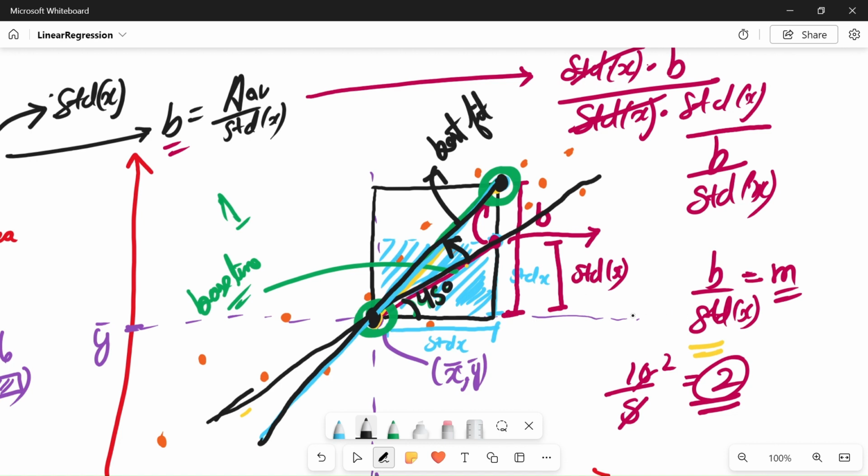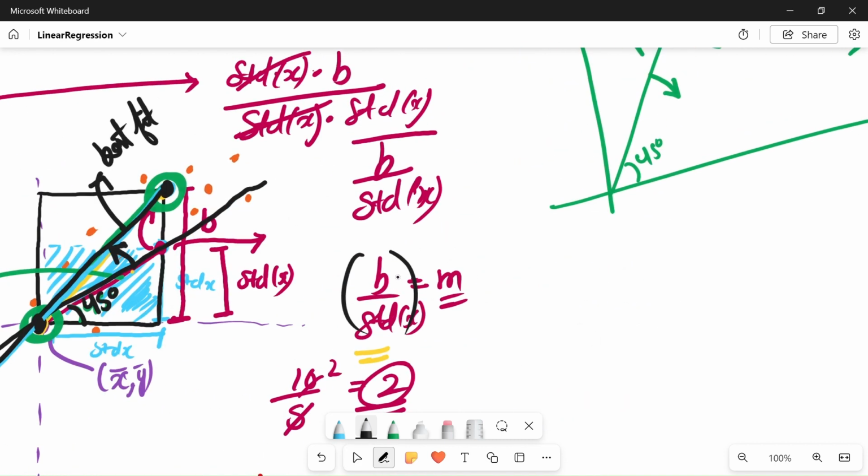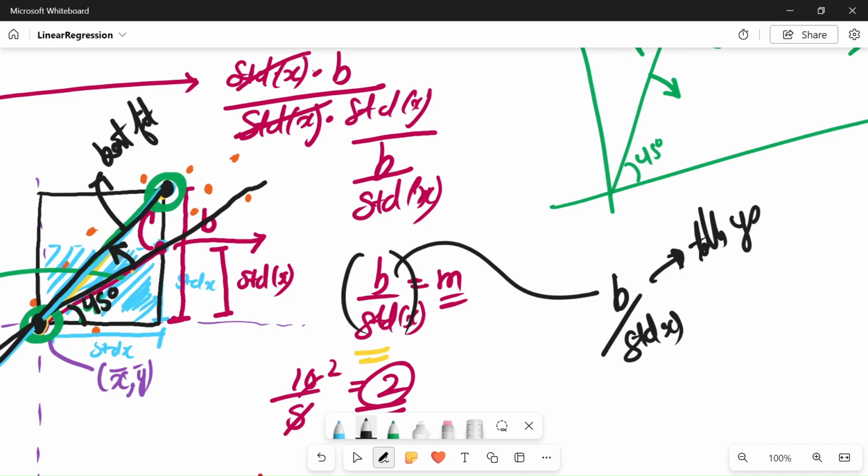And you can say how much this particular expression, this b upon standard deviation of x, tells you how much to rotate.